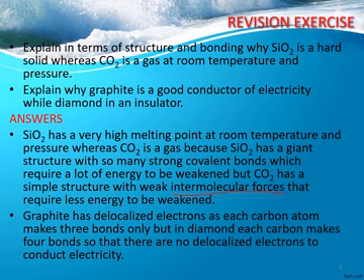Answer number 2. Graphite has delocalized electrons, as each carbon atom makes 3 bonds only, but in diamond each carbon atom makes 4 bonds, so that there are no free moving electrons. In diamond each carbon atom makes 4 bonds, and we have no delocalized electrons.